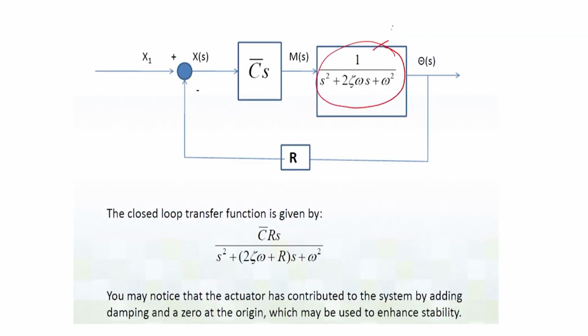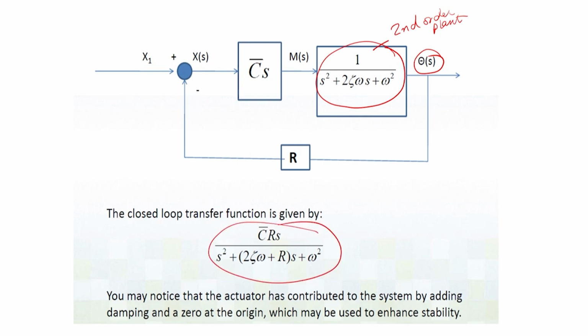So, this becomes a second order plant, and you can create a loop in which you sense the bending, feed it back, and control the current, giving a closed loop system. Thus you can have a closed loop actuator system in this particular case.